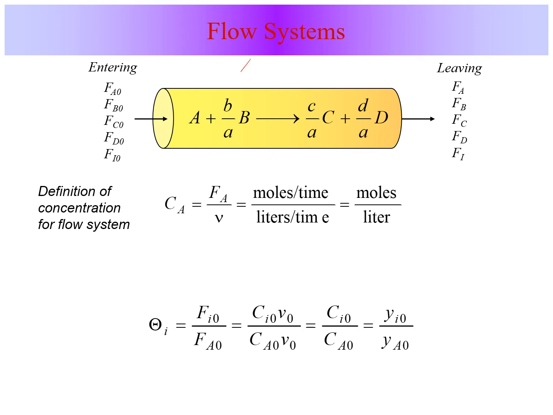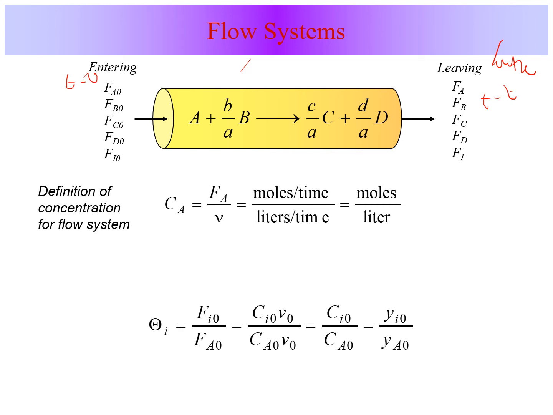This is the reaction equation, and there is an effluent, or outlet, leaving after a certain time. This would be T equal to 0, and this is T at any time.